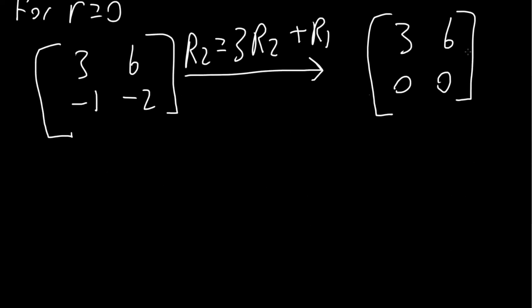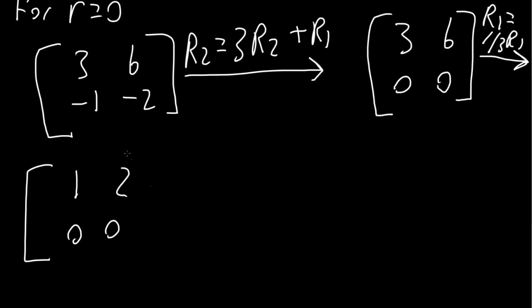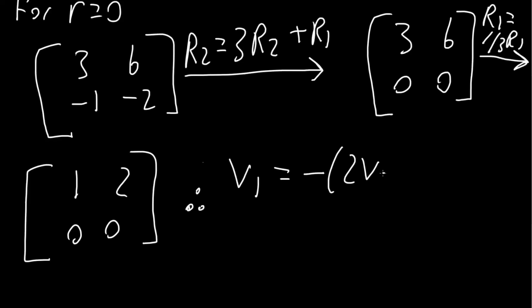And next we're going to want to simplify. If we say that r1 is equal to 1/3 r1, we would get 1, 2, 0, 0 like this. And therefore v1 is equal to minus 2v2.